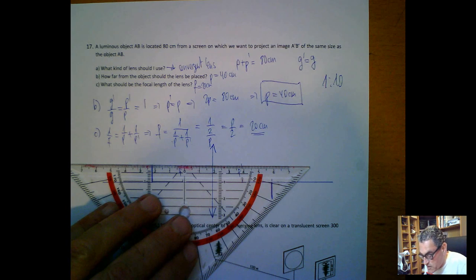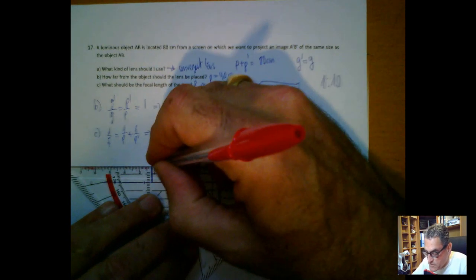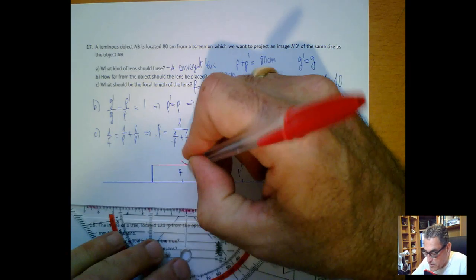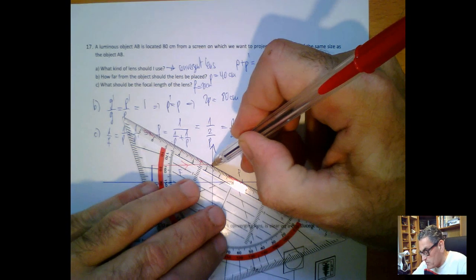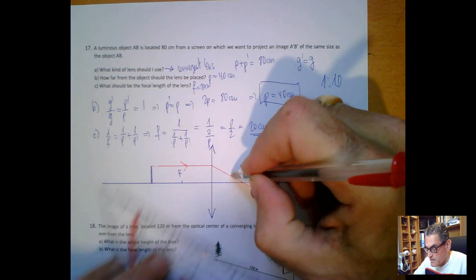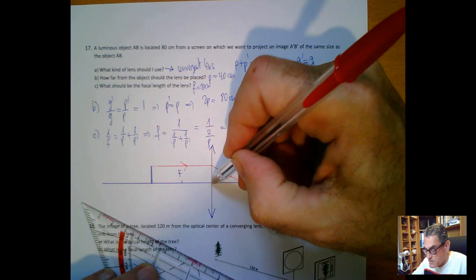Now let us check if I construct my principal rays, if this gives us indeed an image with the same size and which is inverted. Yes.